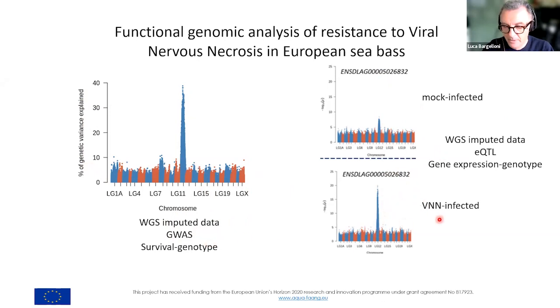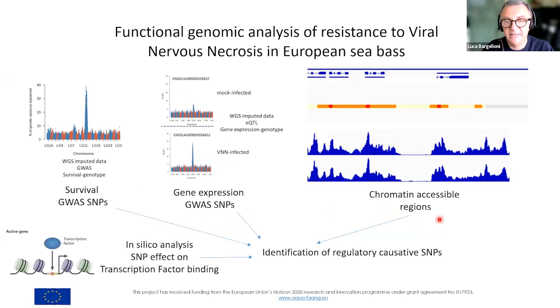So the next step is that we are currently putting everything together: the SNPs linked to survival, the SNPs linked to gene expression, specific genes in the region, the profile of accessibility, where you see the peaks identifying the regions which are control regions, regulatory regions in the QTL part of the genome.